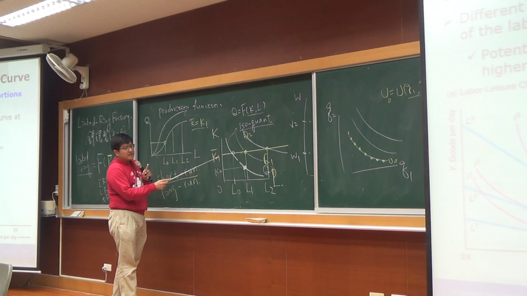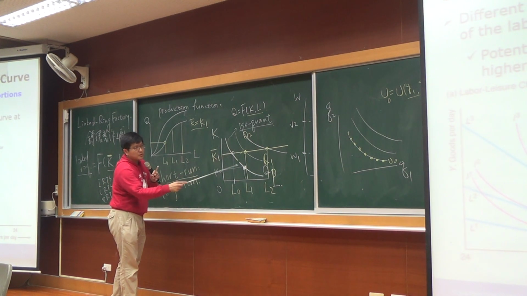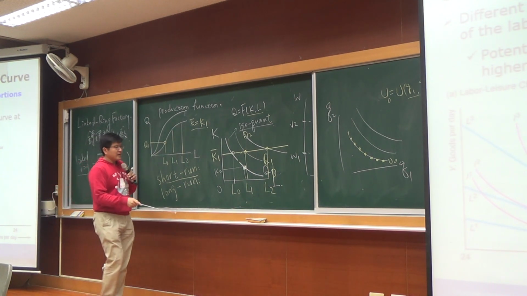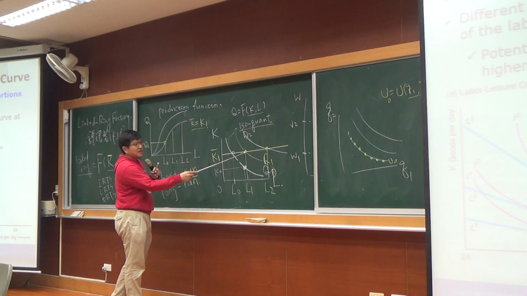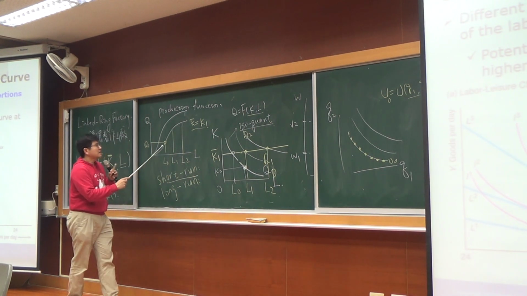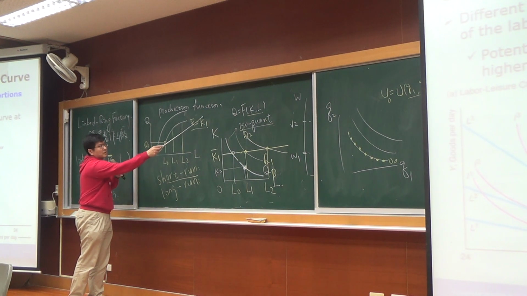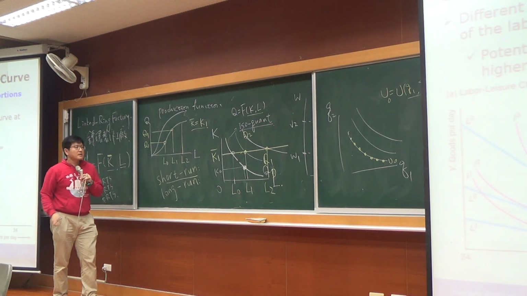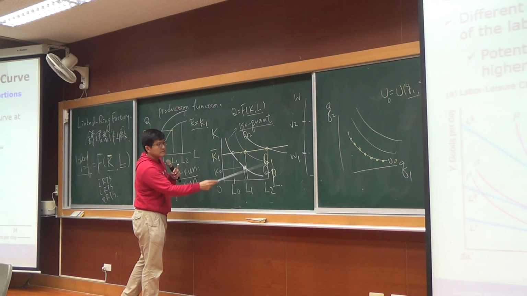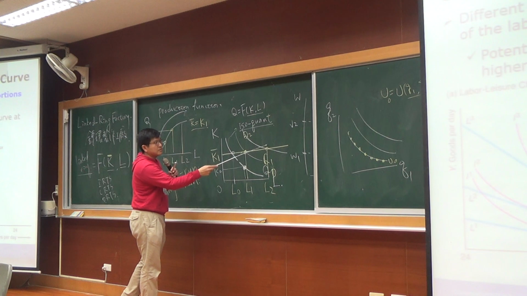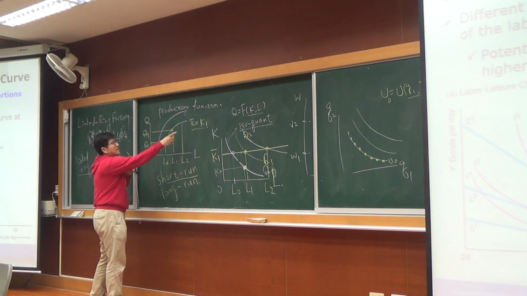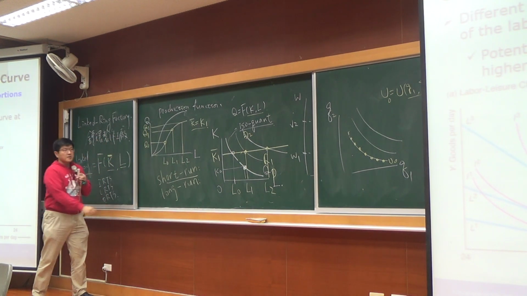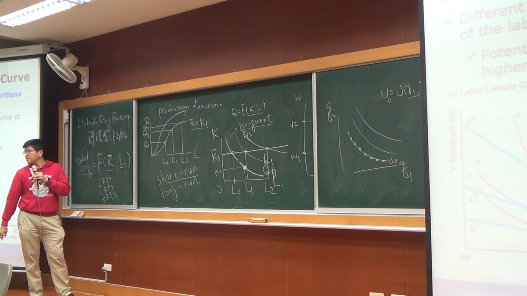With L0 and K1 bar, we have Q0, right? So this would be Q0. And with L1 accompanied with K1 bar, the output would be Q1. And labor 2 would be Q2. So you see the correspondence?